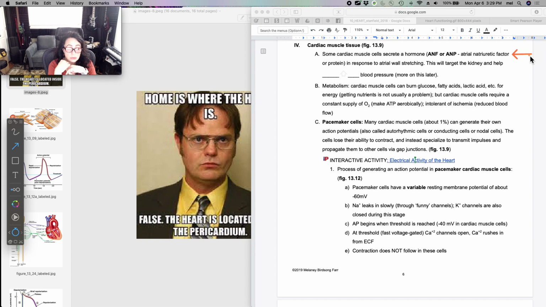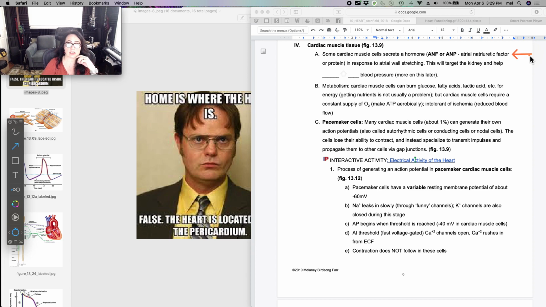And it's a little negative feedback inhibition mechanism in which the heart is encountering prolonged, lots and lots of blood in the heart. And it's going to target the kidney.